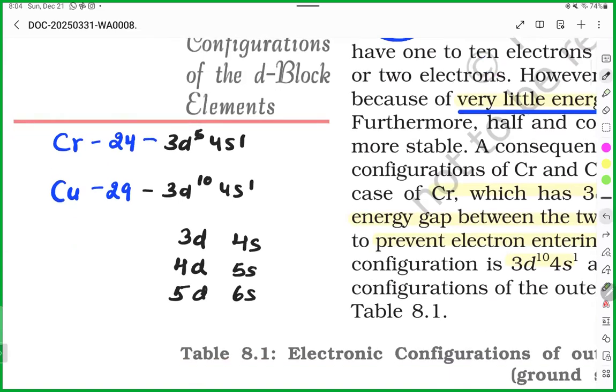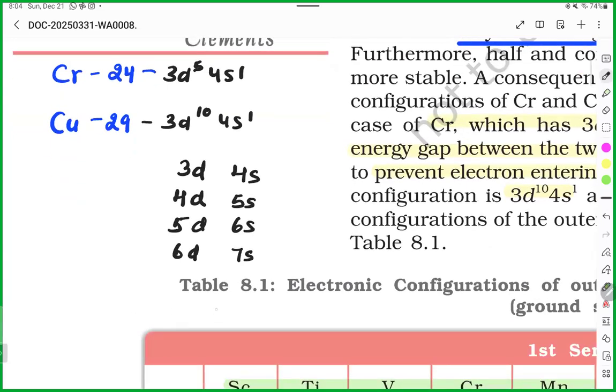If it is 7s, Sarah, what will be the d value? 6d. What will be the f value? For f you will see n minus 2. So what should be the value of f in this case? 4f. Yes, 4f, correct.